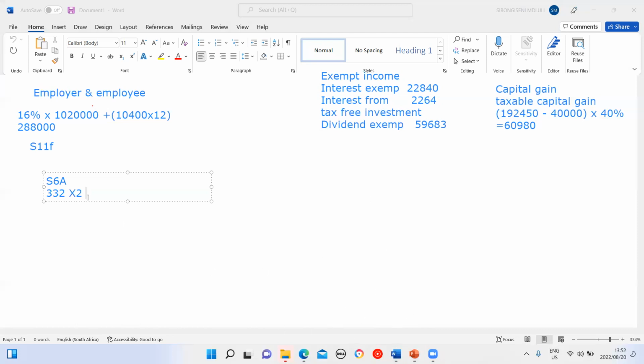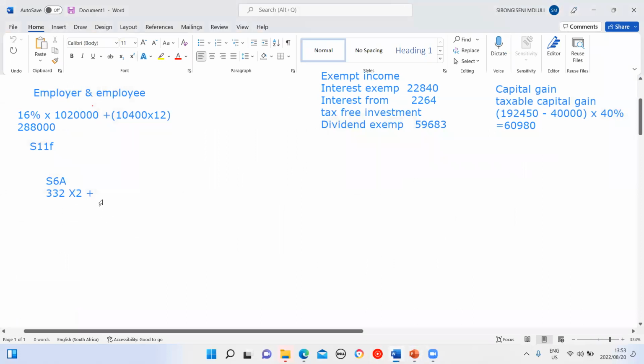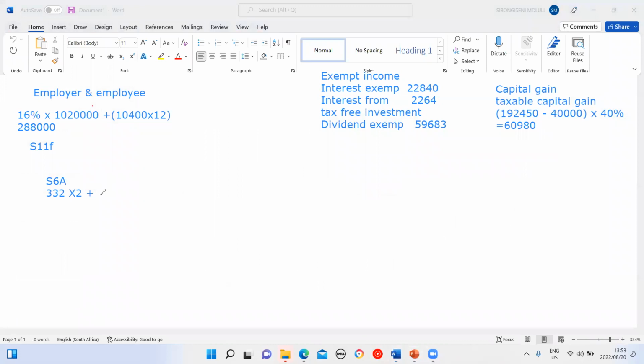Then we'll also have your 224 in terms of the benefits for each additional dependent. So it will be 224 times 2.